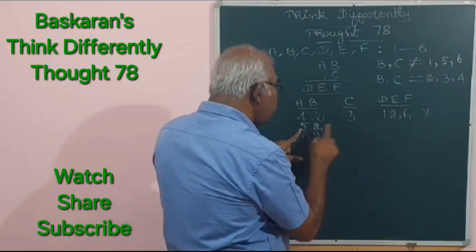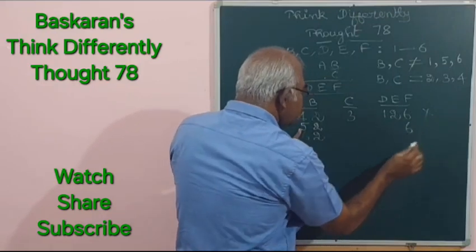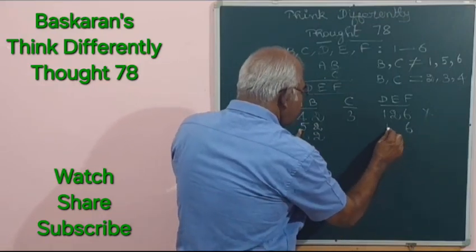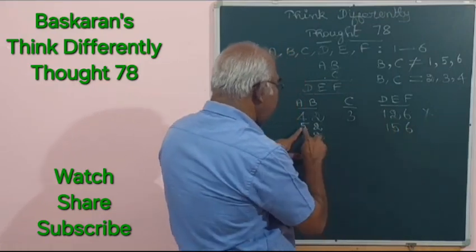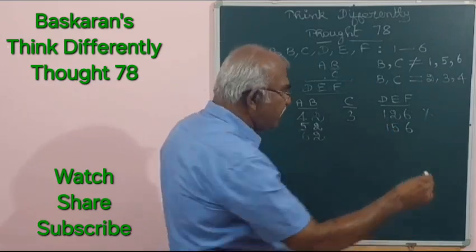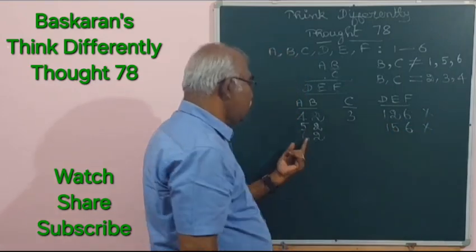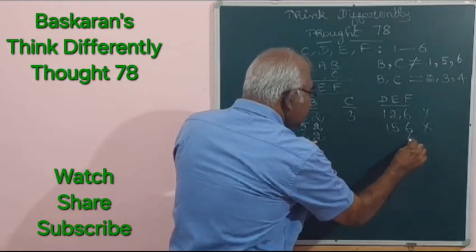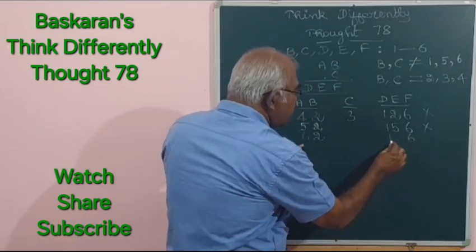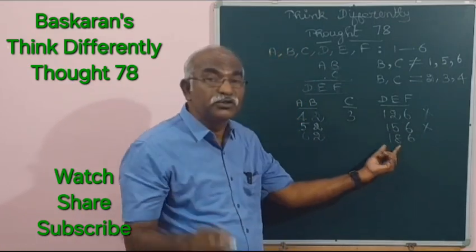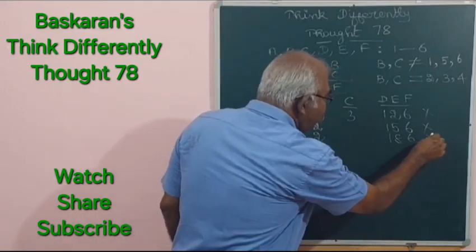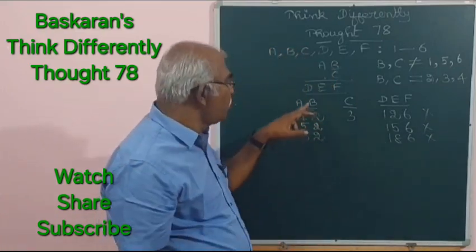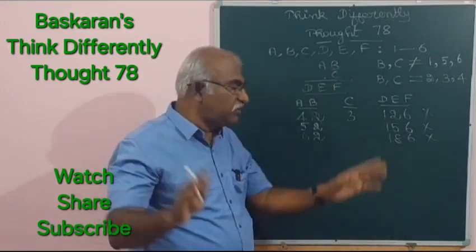When you multiply 52 by 3, you get 3 into 2, 6, 3 into 5, 15. 5 comes twice, so again wrong. When AB is 62, on multiplication, 3 2s are 6 and 3 6s are 18. 8 should not come, so again wrong. So, B is equal to 2 is ruled out.